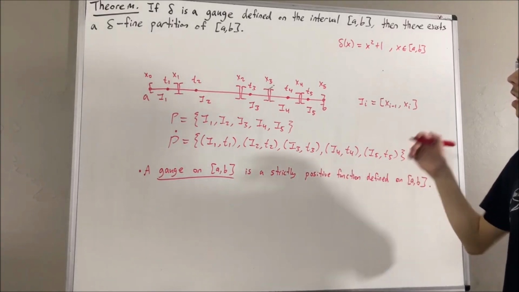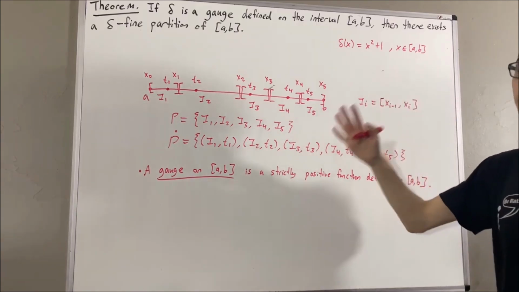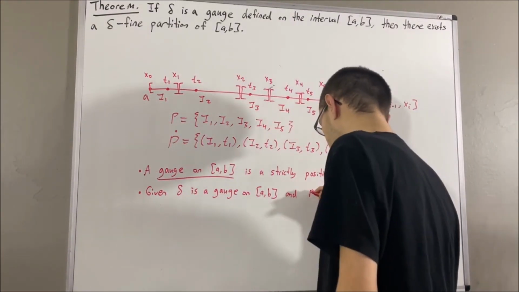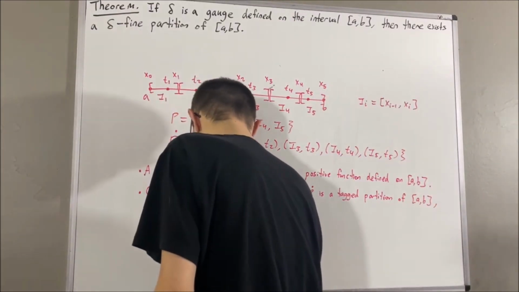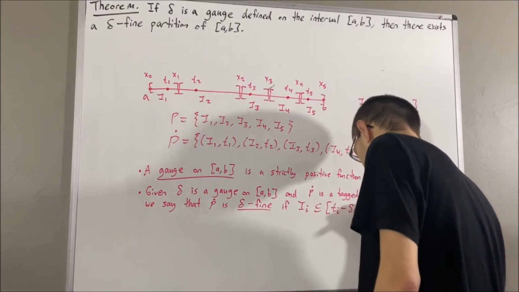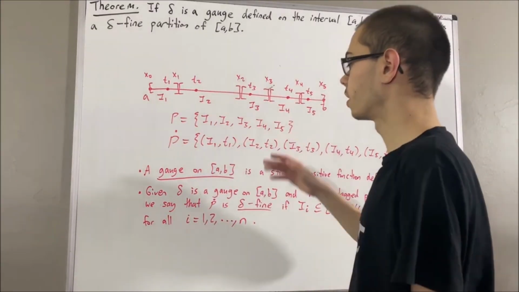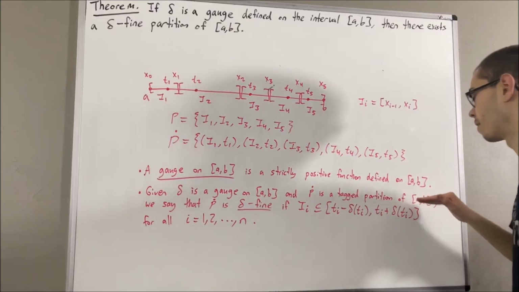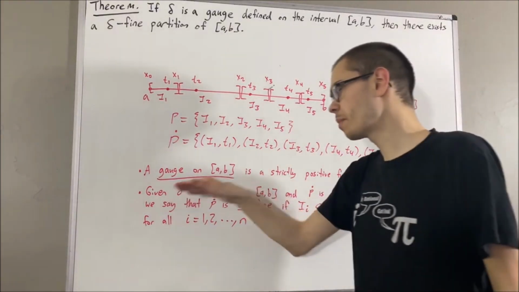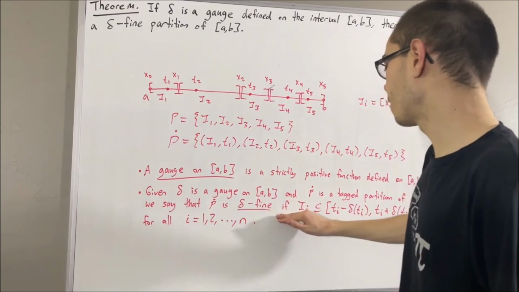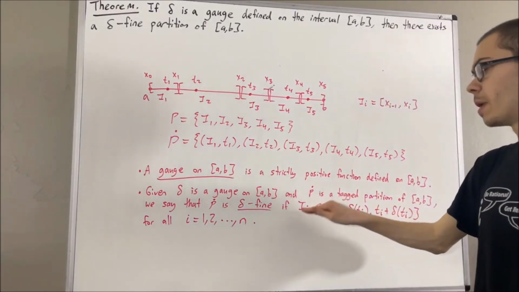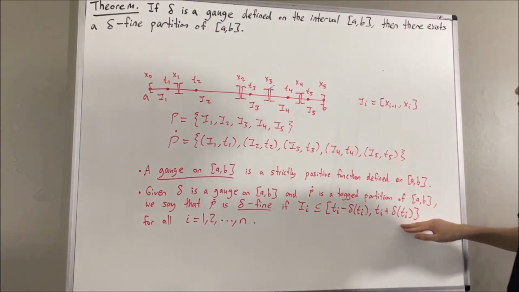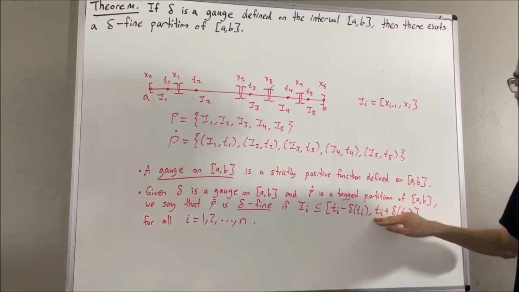So now, our definition of a delta-fine partition is as follows. Given that delta is a gauge on a comma b, and p is a tagged partition of a comma b, we say that p is delta fine if each subinterval Ii is a subset of this interval, which is centered at the tag ti.